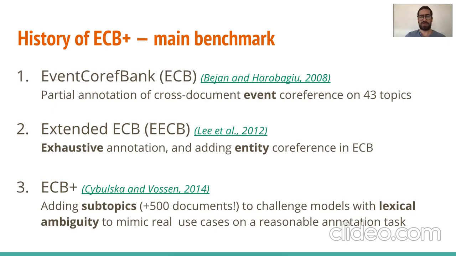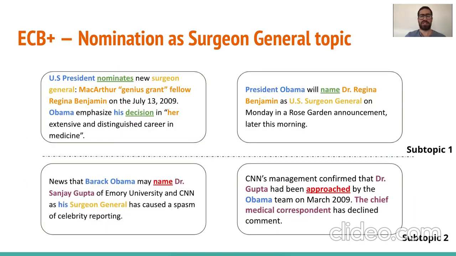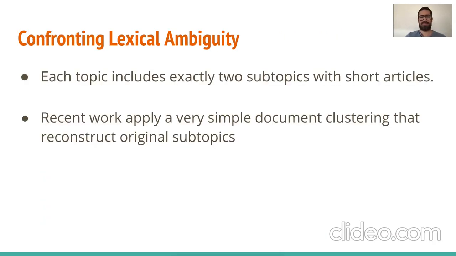Finally, Cybulska and Vossen showed that ECB is too simple, and they added subtopics to challenge models with lexical ambiguity. For example, the top and bottom documents are from 2 different subtopics of the same topic. And they did that because lexical ambiguity is very common in real-world text.